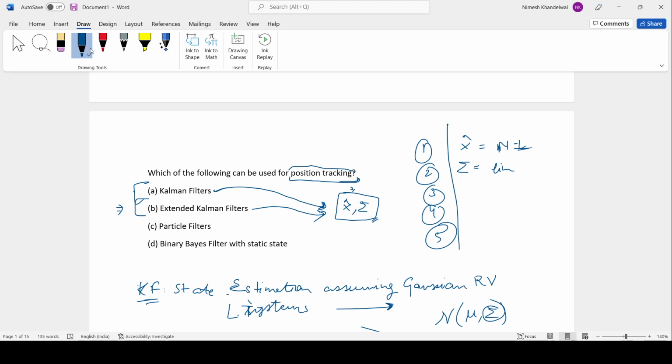Extended Kalman filters are basically Kalman filters extended to work for nonlinear equations of motion, right? Yes, sir. And then there is one more type of Kalman filter that I think you guys have not been told about. That is the UKF, the unscented Kalman filter.